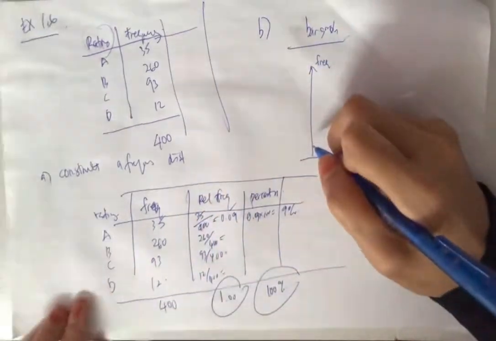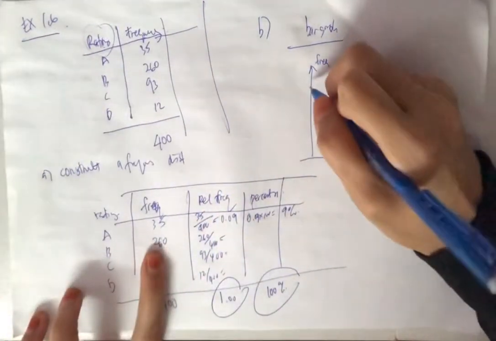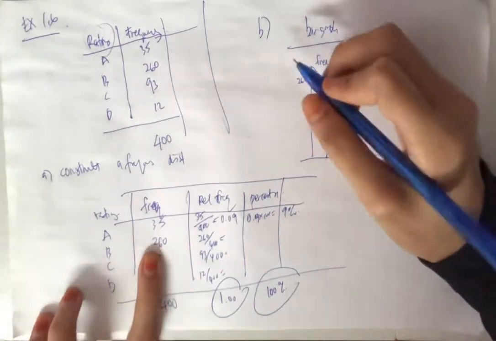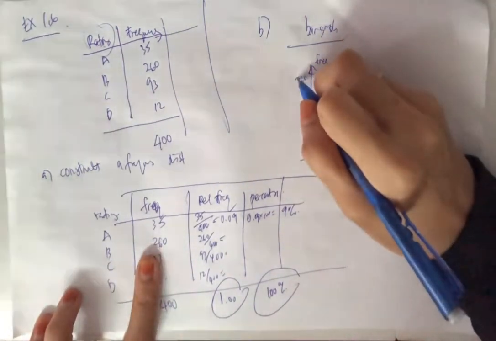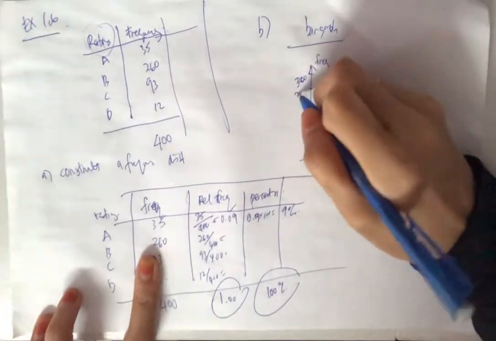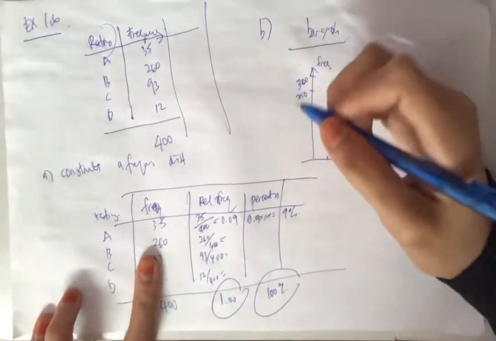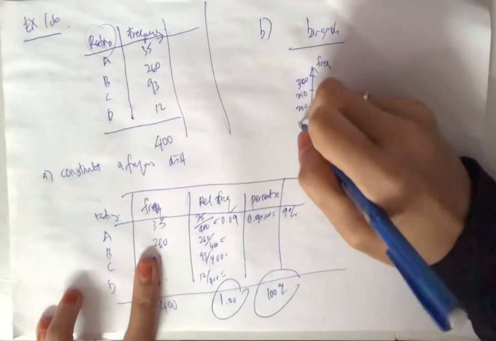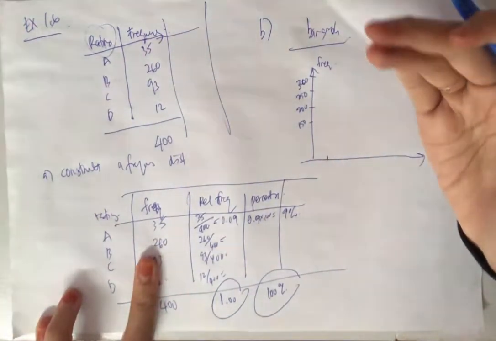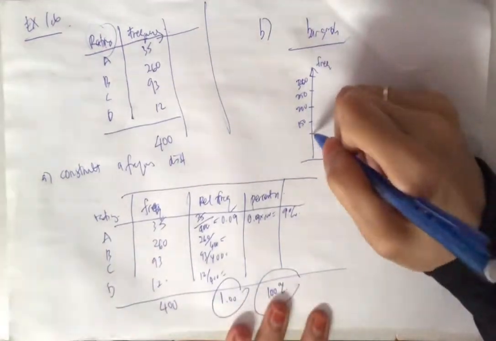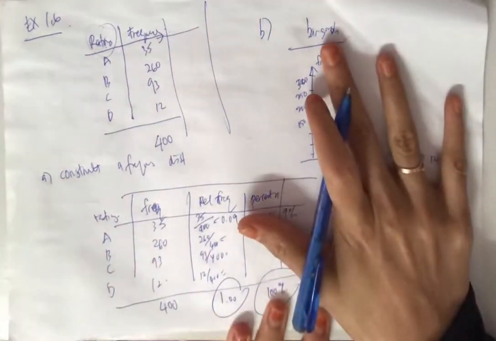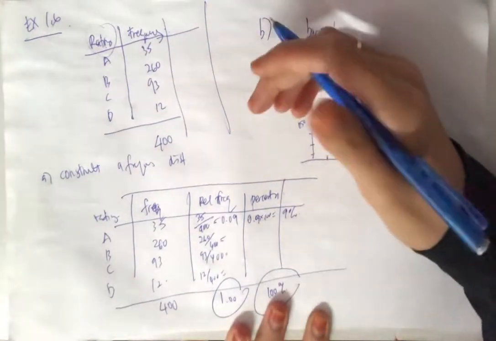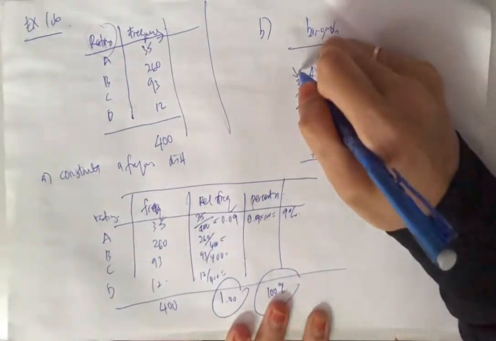Now you have the frequency up to 260, so maybe you can put 300, with a gap of 50. Because I didn't have enough space, but you can plot until 300, I suggest.